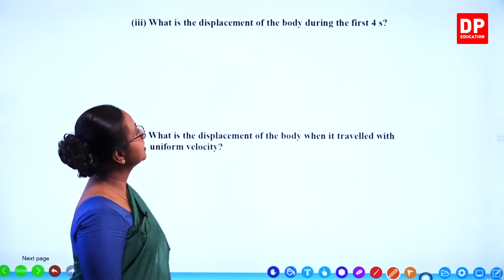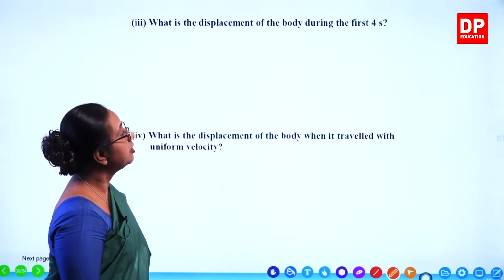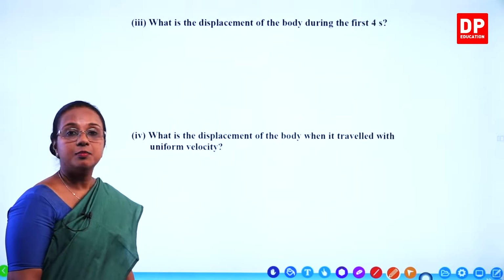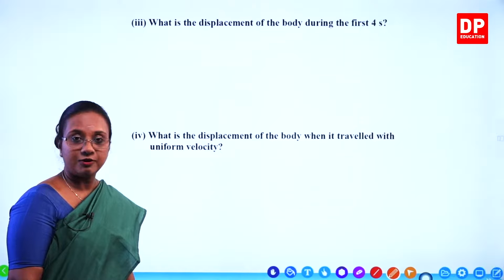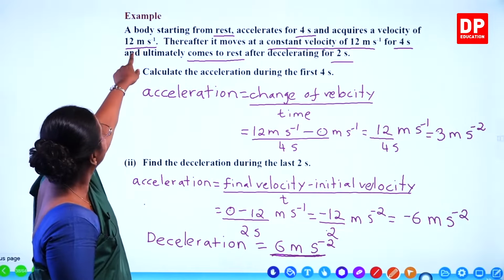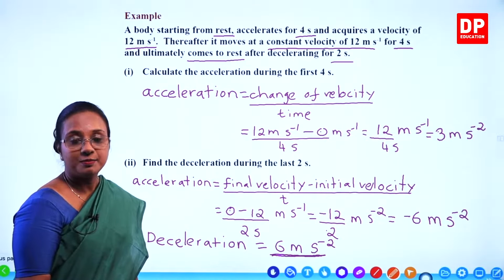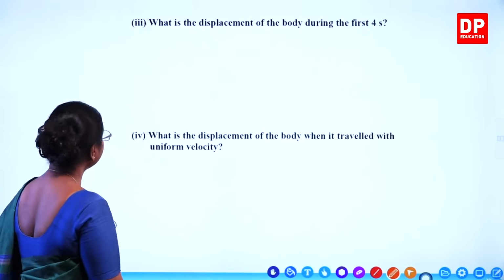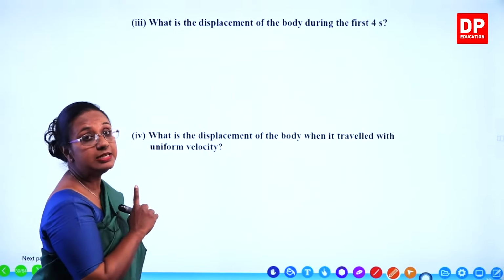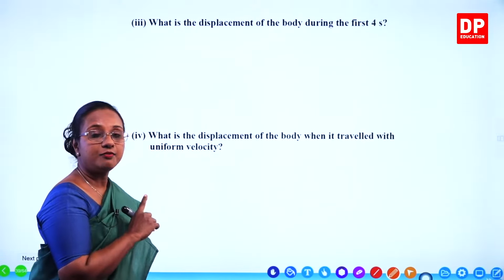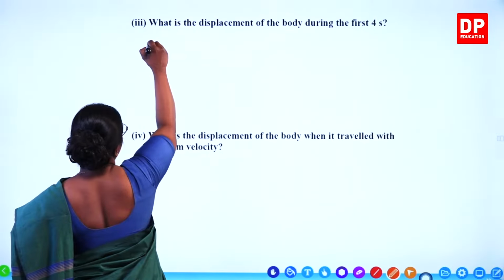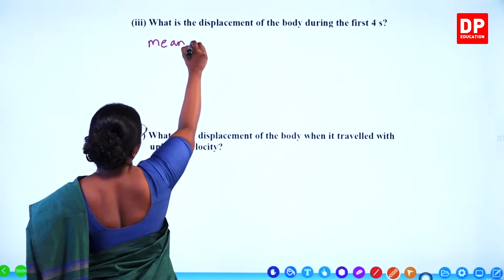What is the displacement of the body during the first 4 seconds? If you remember, first 4 seconds, the body accelerated starting from rest. And if we check the values, it reached a velocity of 12 meters per second. So here it is acceleration. We need to calculate the displacement. So here we have to use the mean velocity. So first we'll find the mean velocity.